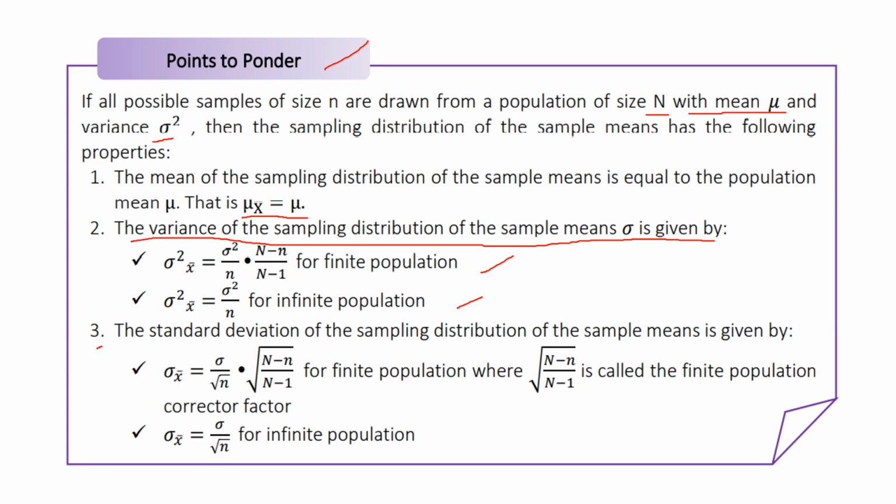So there is a formula for standard deviation once you are dealing with a finite or infinite population, and there is a correction factor for finite populations, which is the square root of N minus n all over N minus 1.